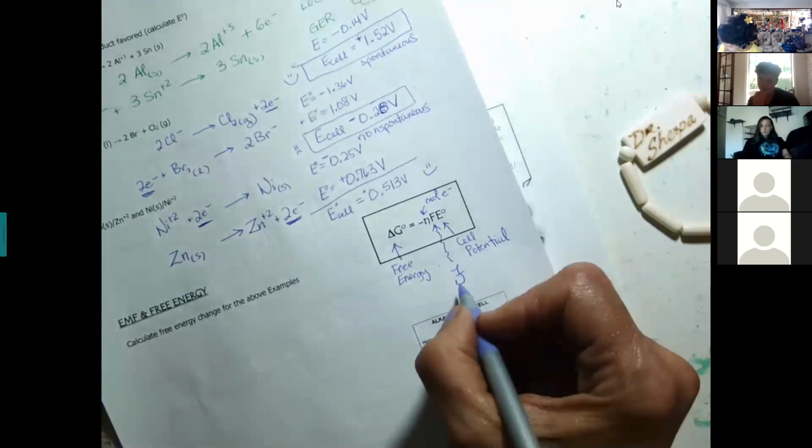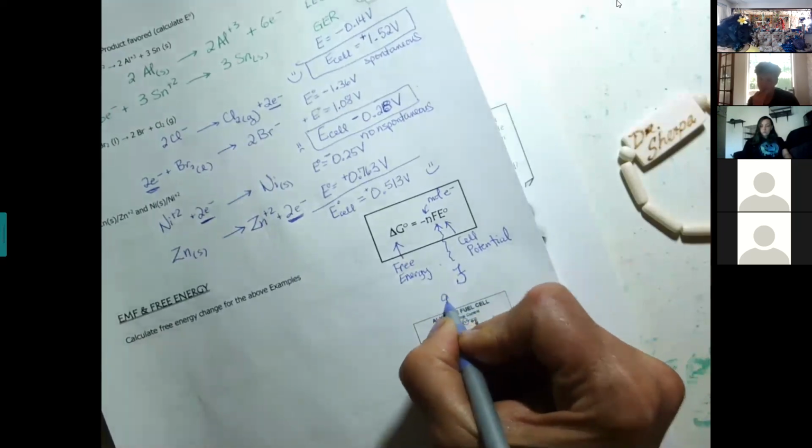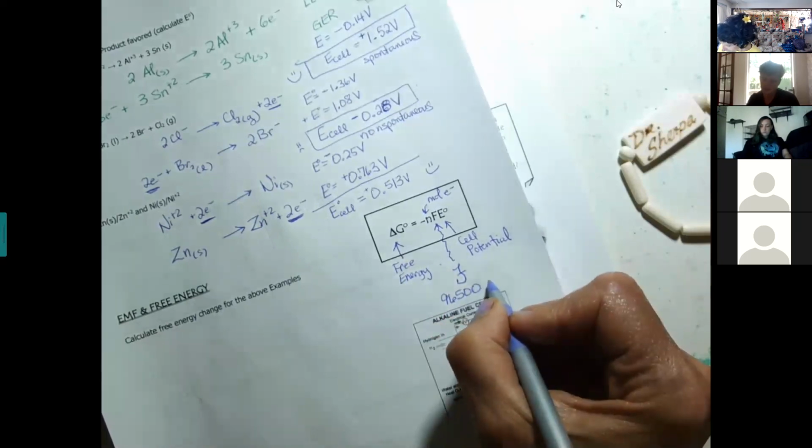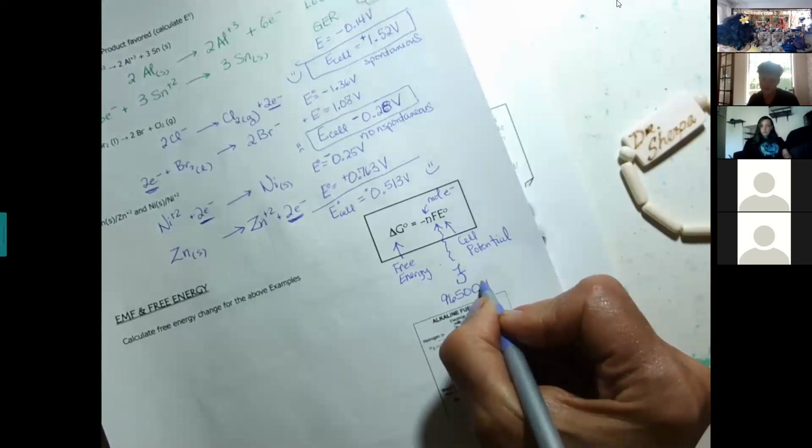So going back to this page, Faraday's constant is 96,500 coulombs per mole of electrons. Sorry, I said joules before. I had my mind on something else.